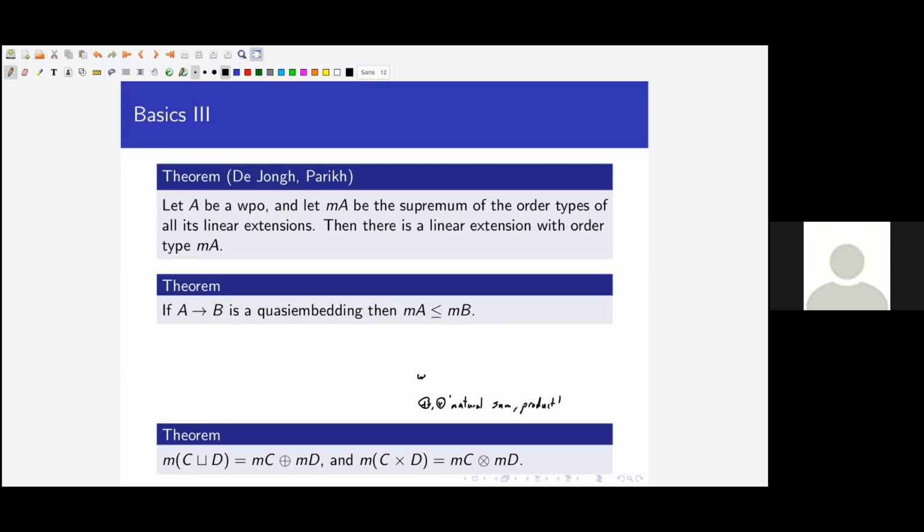I'll give you one example of what it does. If you normally add omega squared plus 1 to omega, then the omega will gobble up the 1. But what the natural sum does is you gather the like terms, treating them like a polynomial and making them commute.